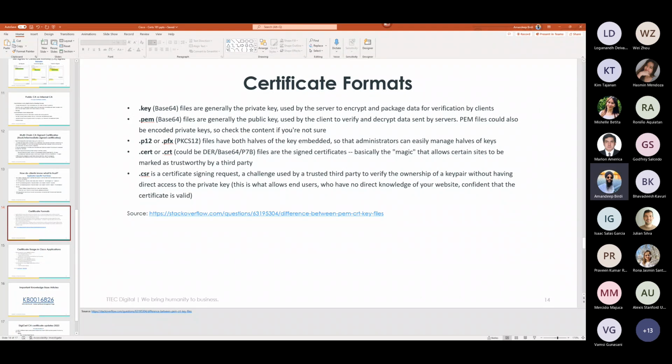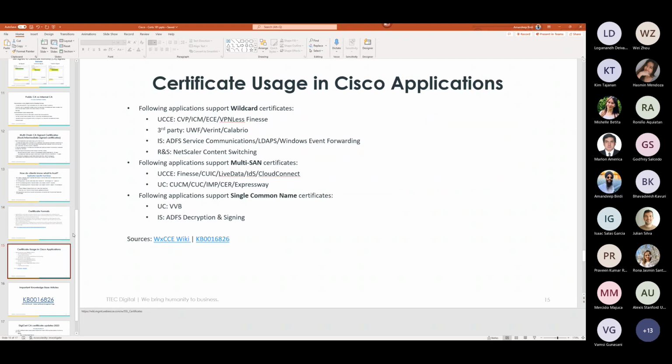So Windows is PKCS12 or PFX. VOS appliances are PEM or base64. All right, so maybe I'll add that to one of these slides. Your question, I'm going to take note of that.